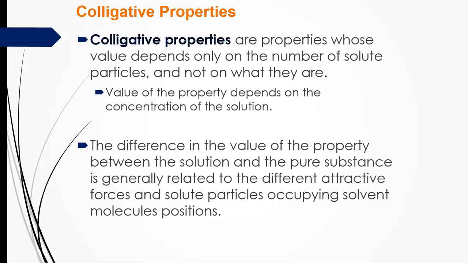It's just about how many. So the value of the property depends on the concentration of the solution, but it doesn't depend on what materials are in the solution. So the difference in the value of the property between the solution and that of the pure substance is related to the different attractive forces of the solute particles occupying solvent molecule positions.